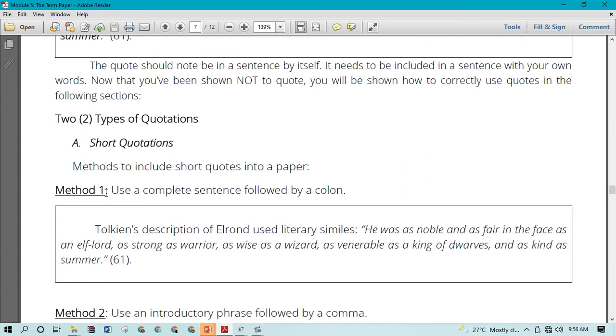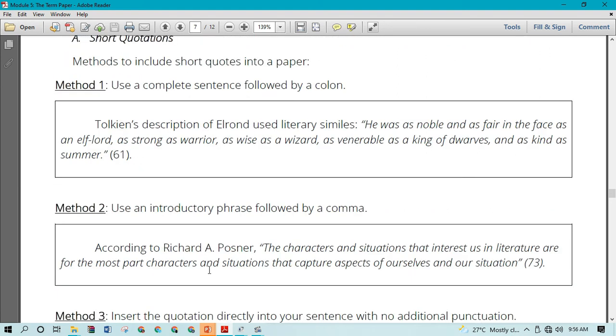For instance, use a complete sentence followed by a colon. Example, Tolkien's description of Elrond used literary similes, then colon, and then ilagay yung exact words na sinabi ng author. Okay? And then you may use a comma by saying, according to Richard A. Posner, okay? Isulat agad yung direct quotation. So this already comprised one sentence, and method 2 has also one sentence.